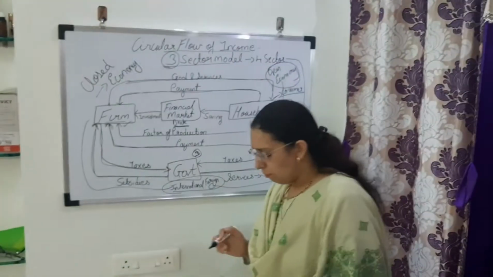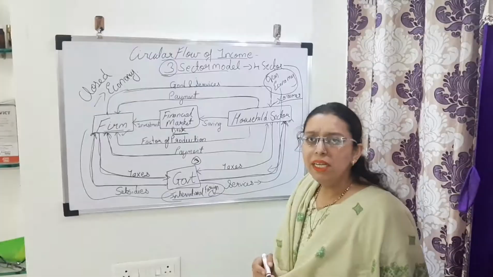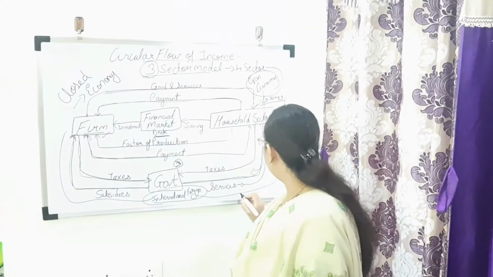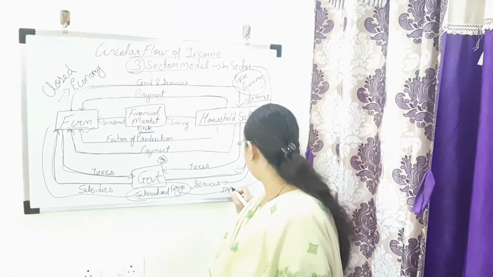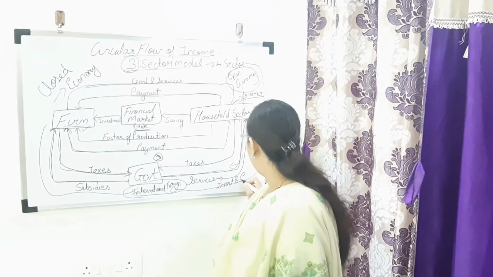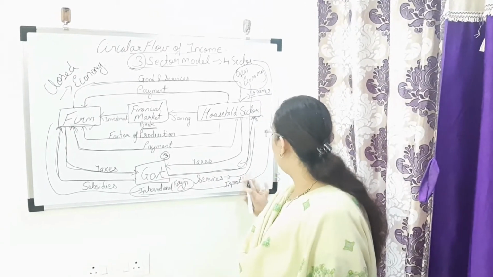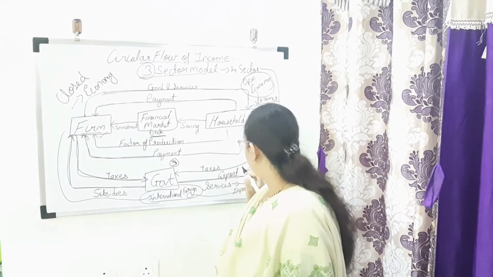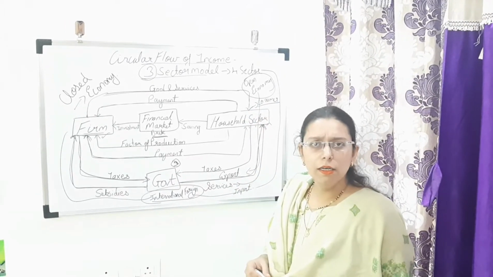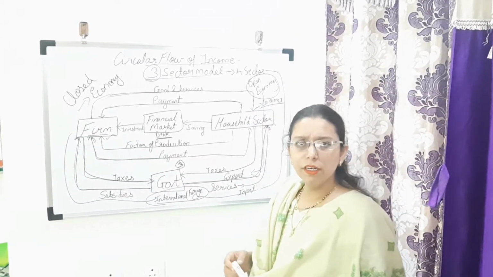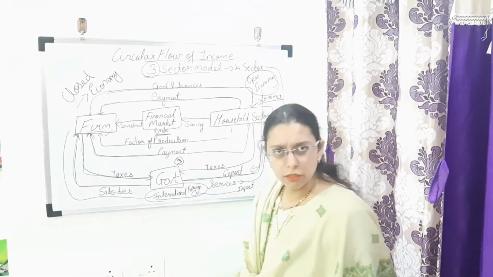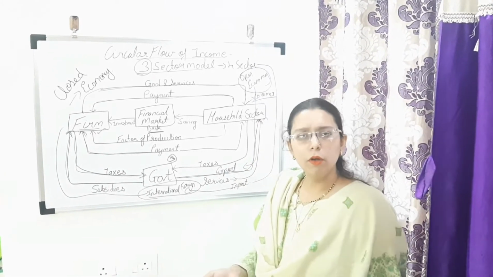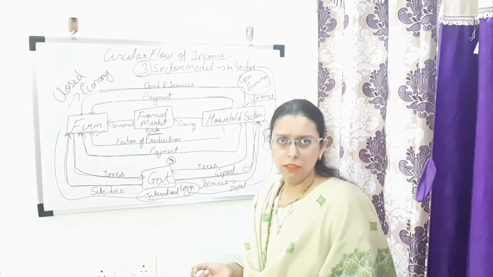International and foreign countries means import and export take place here. It means we are buying some product from foreign countries and selling it in our country. We are giving them some product and they are selling it in their country, right?